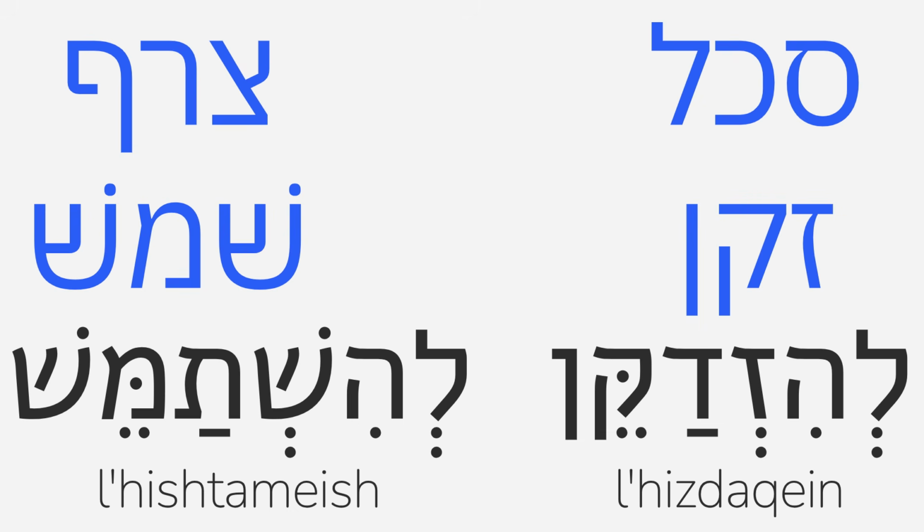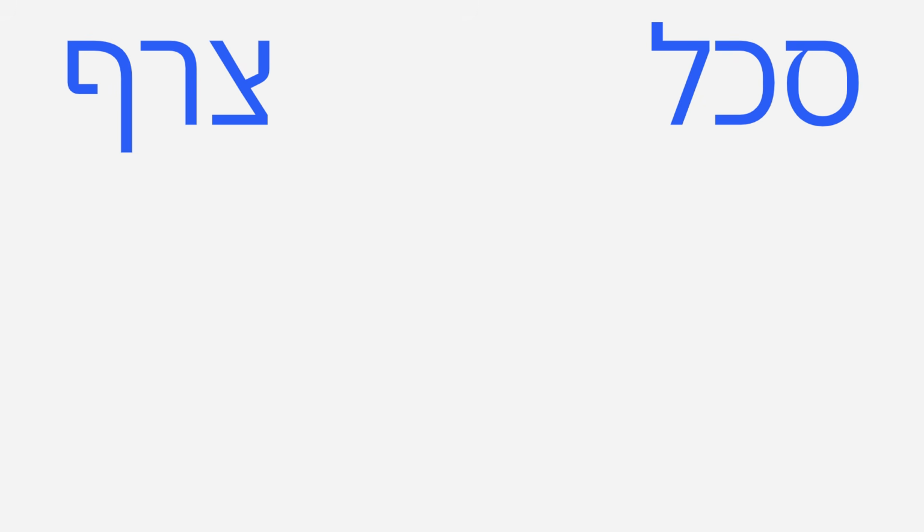In all these Hitpael verbs, the first root letter swaps places with the tav of the hit prefix, and with a couple letters, like zain, the tav changes to a different letter, a dalet in the case of zain, lahizdaken. Samech and Tsari will have similar things happen.